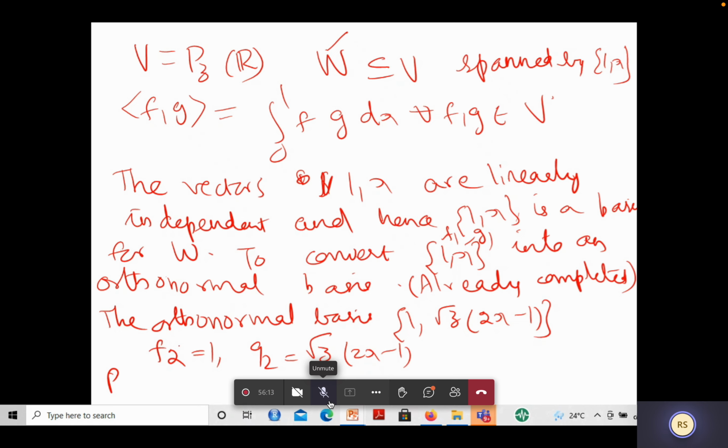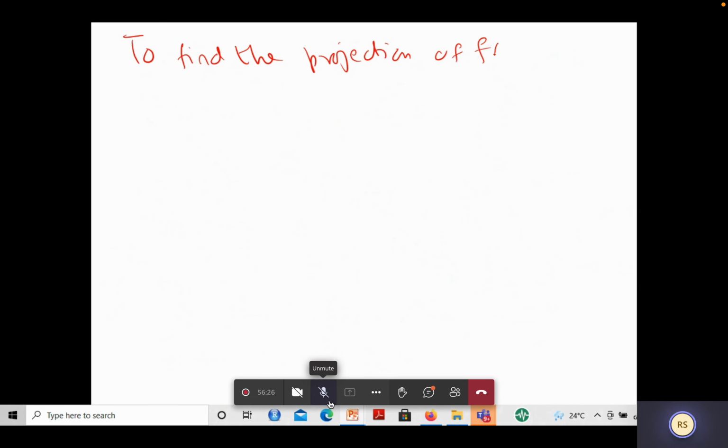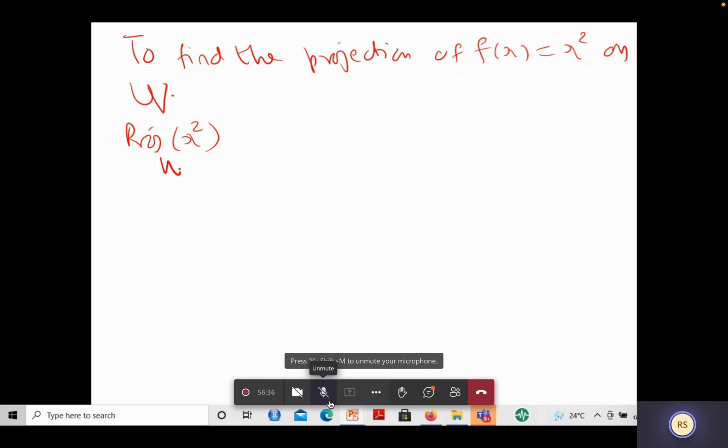Which vector are they asking us to project? f of x equal to x square. To find the projection of f of x equal to x square on W. So the projection of x square along W, now we'll use the formula.